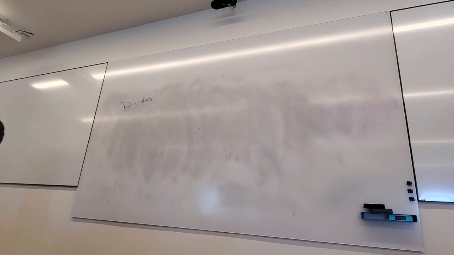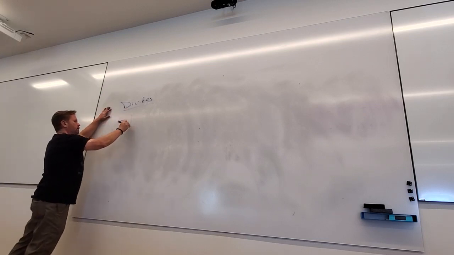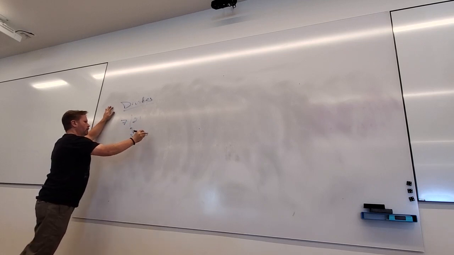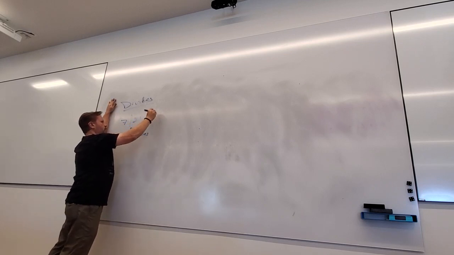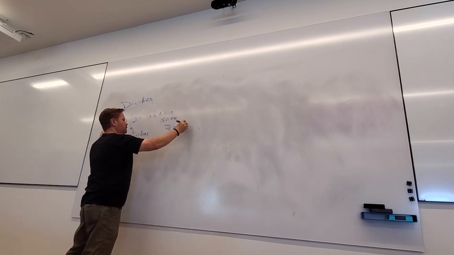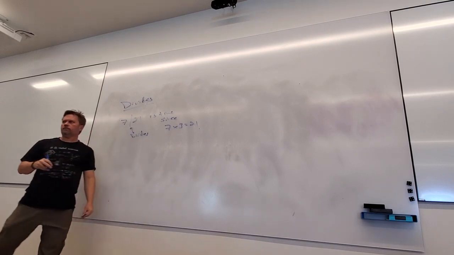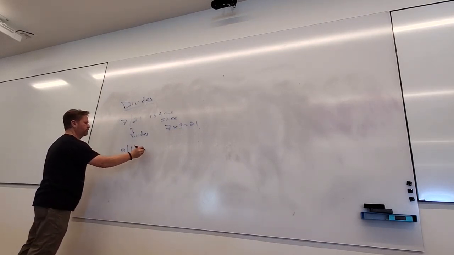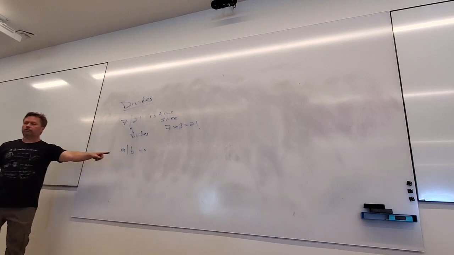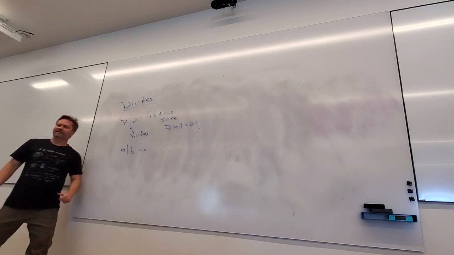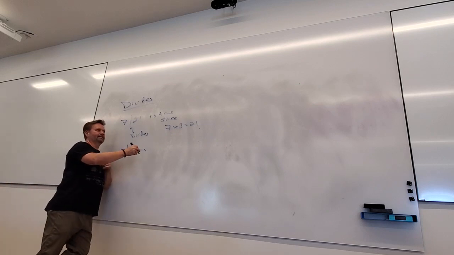Is that cool? So this symbol means divides. So if I write this, what does that mean? If I say that's true, A divides B, what does that mean? There's a number that exists.